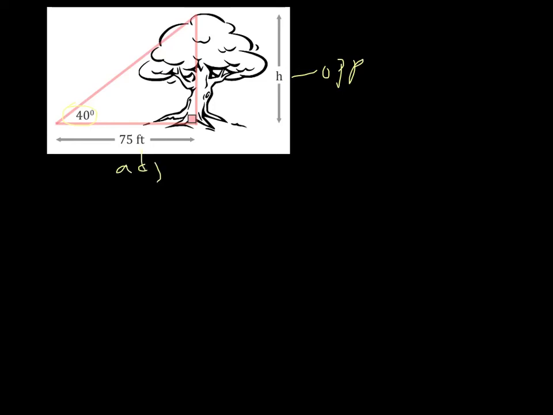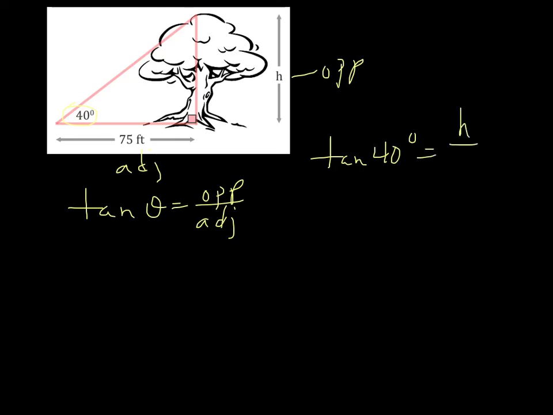So I have to think about which of the trig functions relates opposite and adjacent. And that's tangent. Tangent of theta is the opposite leg over the adjacent. So my theta is the 40 degrees. So I know that the tangent of 40 degrees is going to be the opposite, which is h, over the adjacent, which is 75.